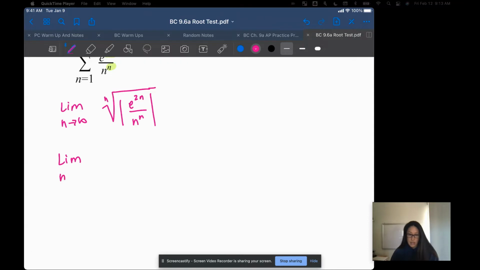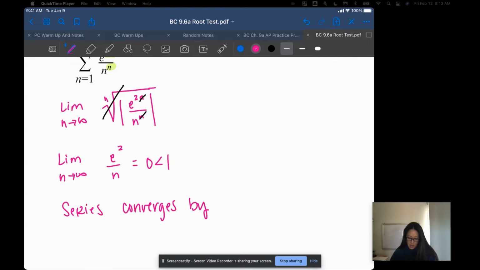So the limit as n approaches infinity of e to the 2 over n. So now I have e to the 2 over infinity, which is going to give me 0, which is less than 1. So the series converges absolutely. We can just say the series converges by the root test.